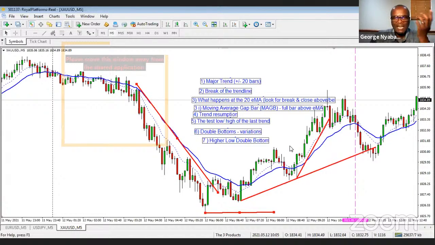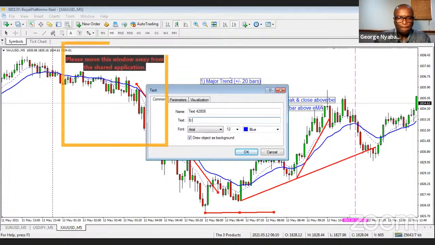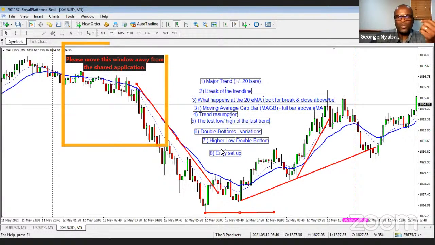And when we get the higher low double bottom, then the last thing that we want is the actual setup. Okay, now we want the entry setup, and at some point we'll go through this.